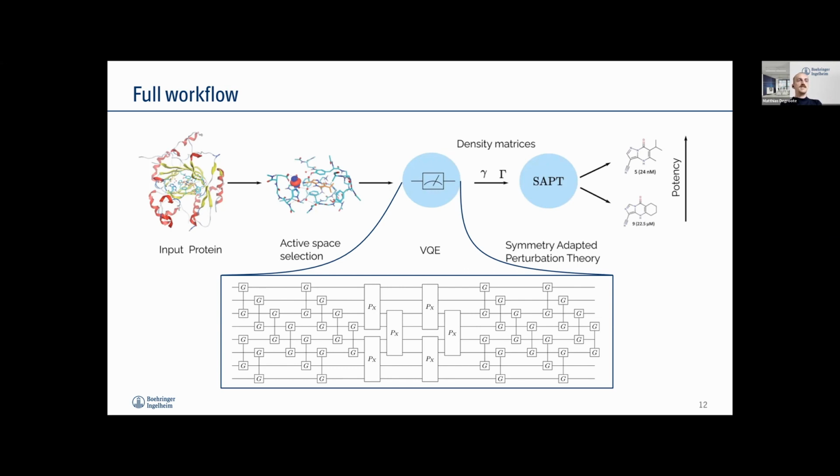Then we'll get density matrices, the single-particle and two-particle density matrix, and we'll put this into classical processing. The classical processing is multiplying these density matrices with their respective interaction elements and adding it all up. And the final goal is to rank drug molecules according to their potency. That's what we're eventually trying to do here.